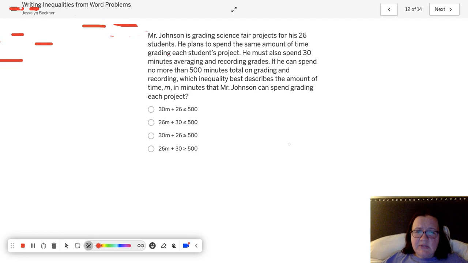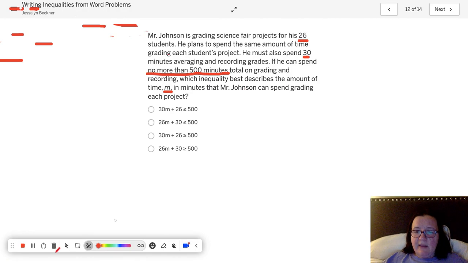He must also spend 30 minutes averaging and recording grades. I'm going to underline 30 as important and 26. If he can spend no more than 500 minutes total on grading and recording, which inequality best describes the amount of time M in minutes that Mr. Johnson can spend grading each project?